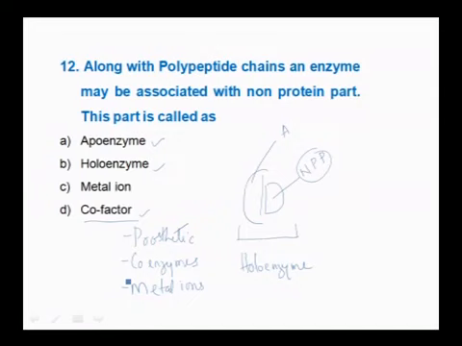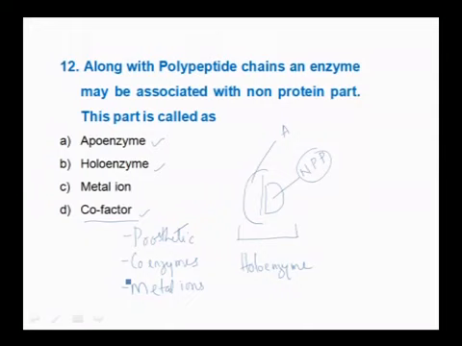Coenzymes are once again organic, but their association with the apoenzyme is transient, that is temporary, which occurs only during the chemical reaction. And the third type of cofactor is metal ion, which will be attached to the active site as well as to the substrate by forming the side chain.